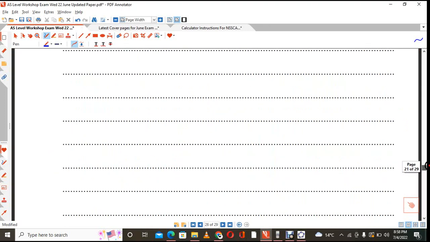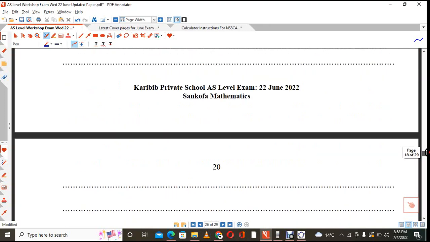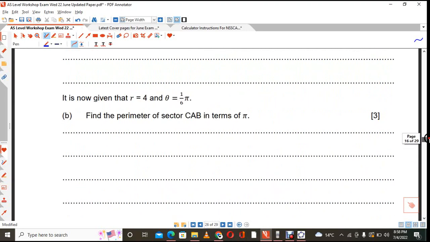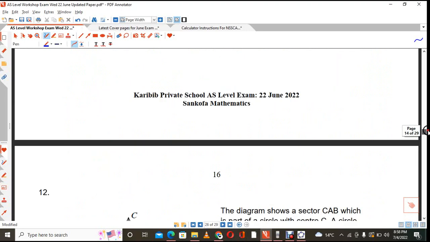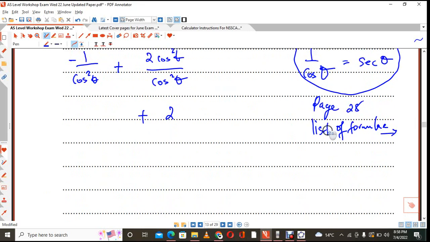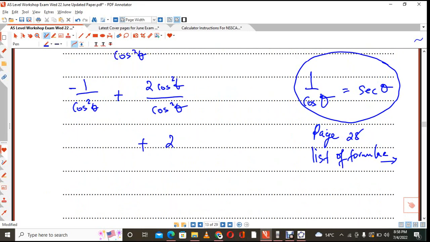But I'll show you the other way where it's actually much easier, but you should also know how to go both ways. Okay, so again, as I was saying, from my list of formulae, I know that sec square theta is identical to, or equal to, 1 plus tan square theta. So this is actually minus sec square theta.